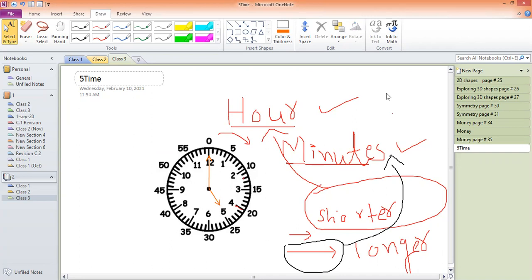Check the minutes. Check the minutes, check the hours, and tell me the time. Check the hours first. For hours, use shorthand. Read where it is. And for minutes, check longhand. And tell me what time it is.